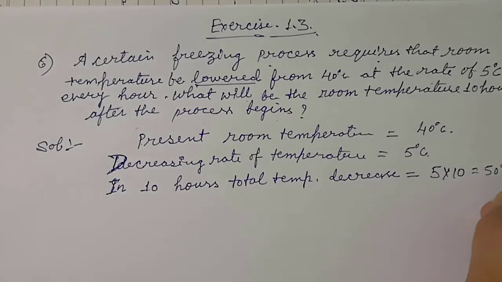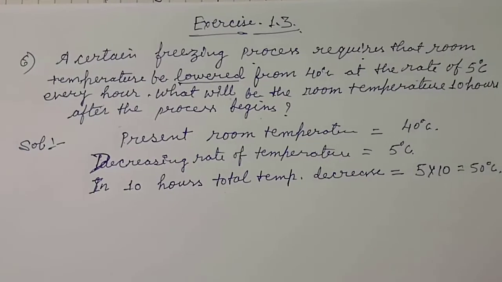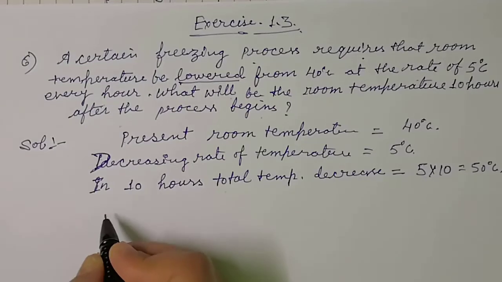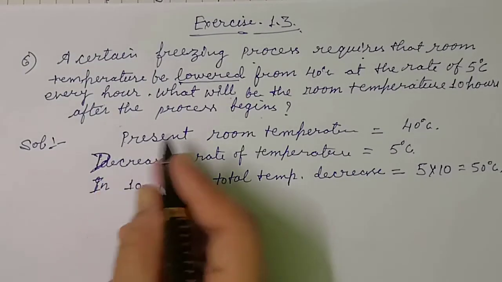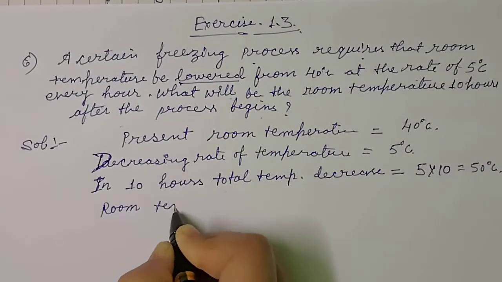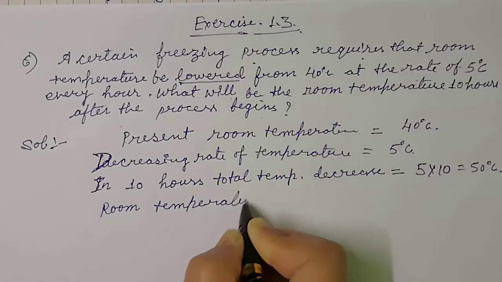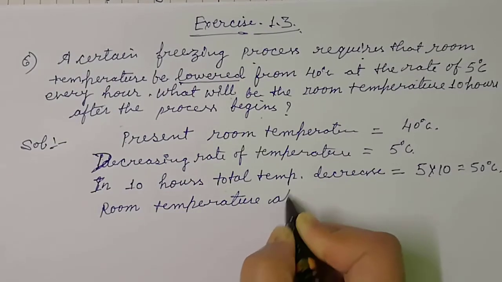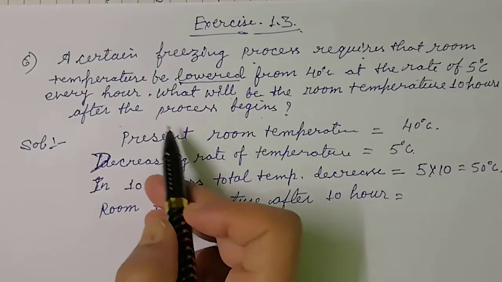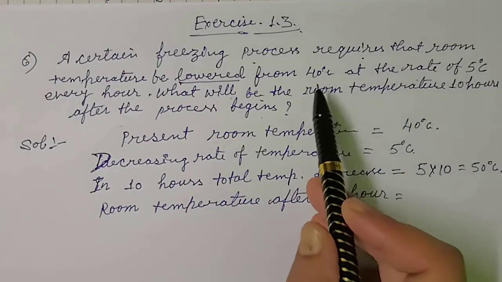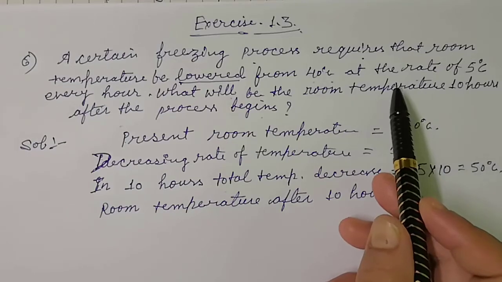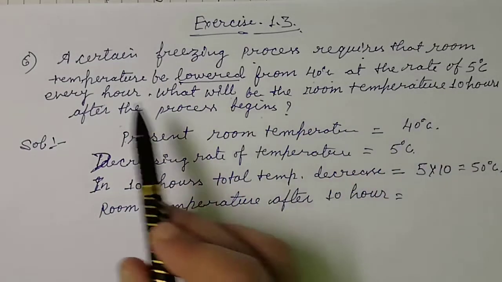Total temperature will decrease. So our room temperature after 10 hours. Now see, our starting room temperature was 40 degrees Celsius and it is decreasing at the rate of 5 degrees Celsius every hour.